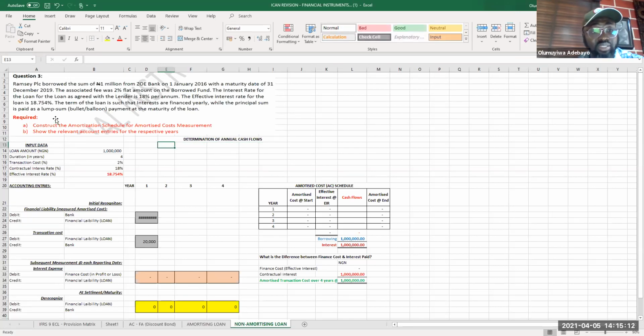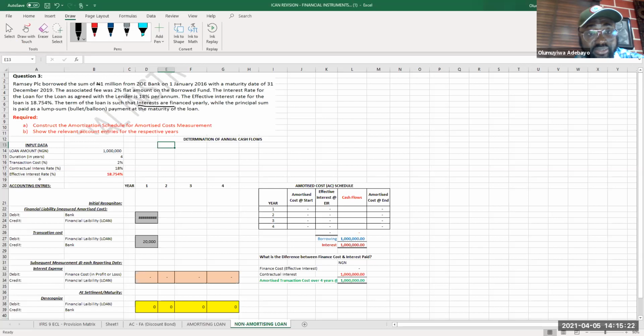If you check, the question here says that the term of the loan is such that interest is financed yearly, which means principal is only paid as a lump sum at the maturity. Therefore, in this case, our life is much easier.